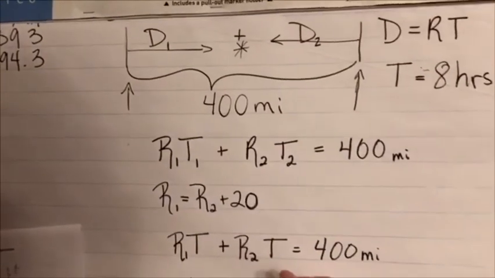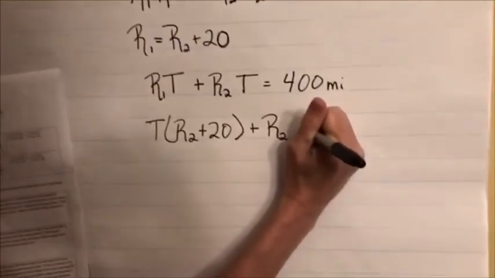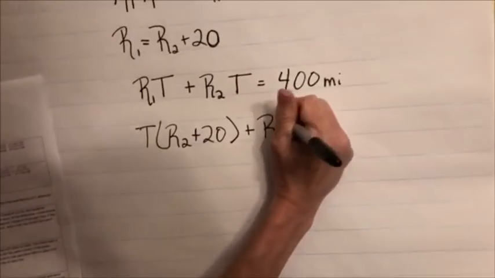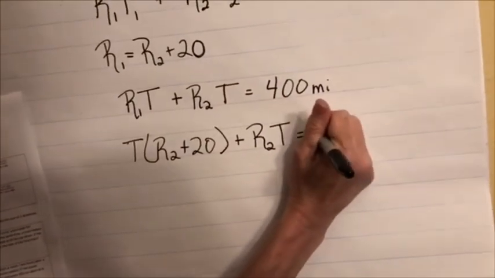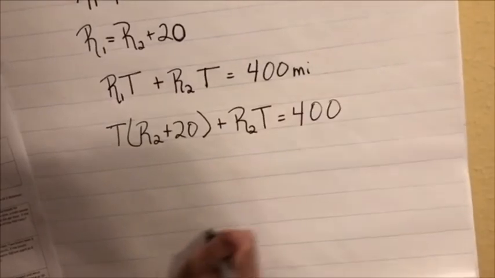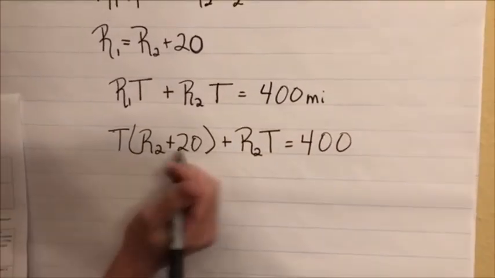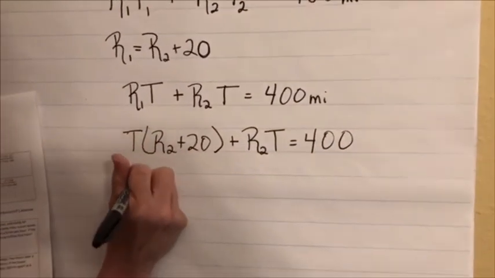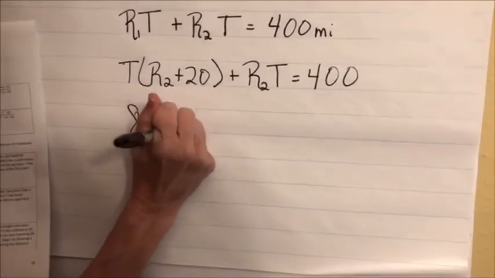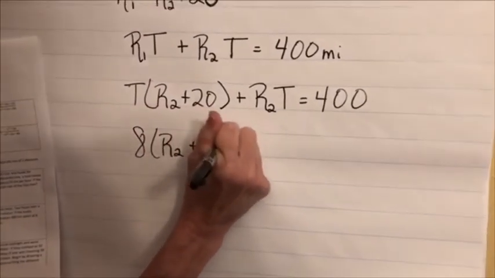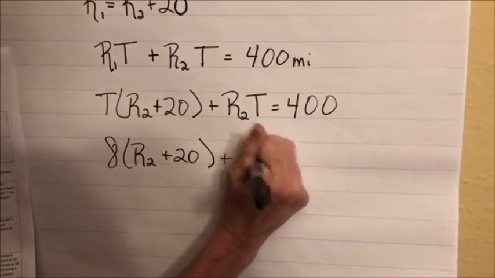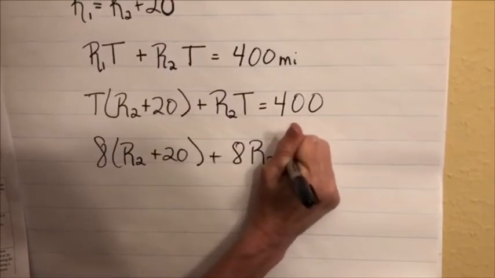plus R2 times t equals 400. Our t's are 8, so now we're just going to substitute 8. 8 times (R2 + 20) plus 8 R2 equals 400.